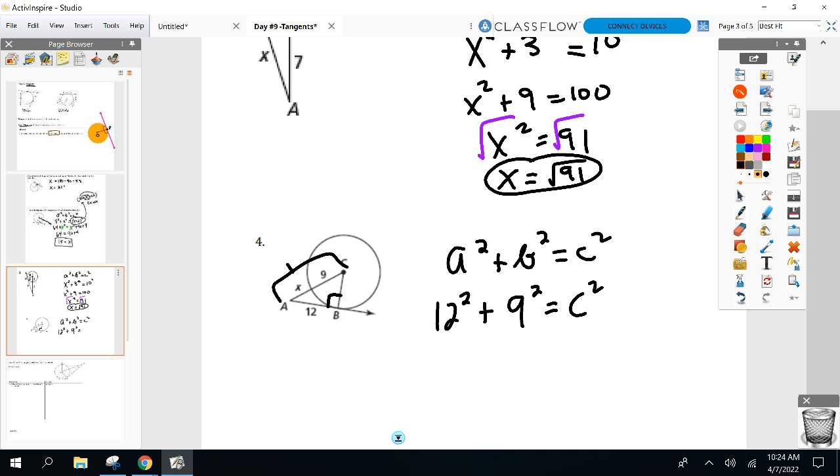I'll figure out how long CA is by doing Pythag right now. How can you take that value and find x now? Don't overthink this. Subtract 9 from it, and you'll get x, right? So let's find the whole hypotenuse, subtract 9, and we're done, instead of having to factor and worry about it. So 144 and 81.